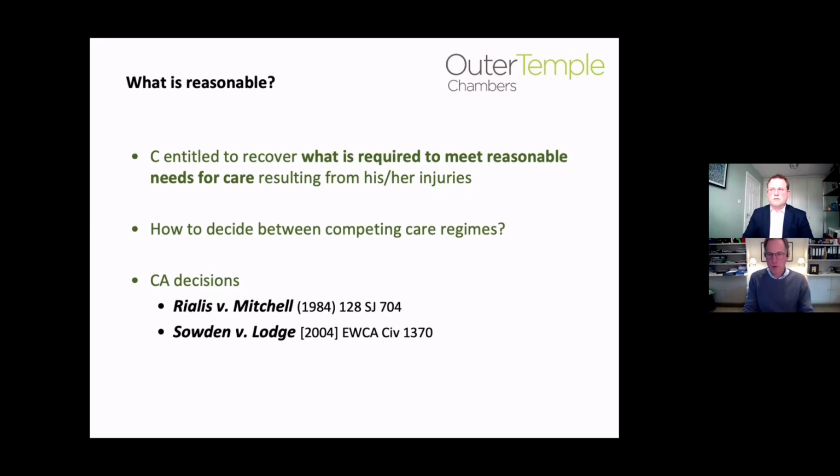And I'm not going to dwell on those. Rather, what I'm going to look at is a number of first instance decisions more recently, which have applied the principles established in those two cases, and then look at how one might go about applying them in the sorts of cases that we commonly encounter.